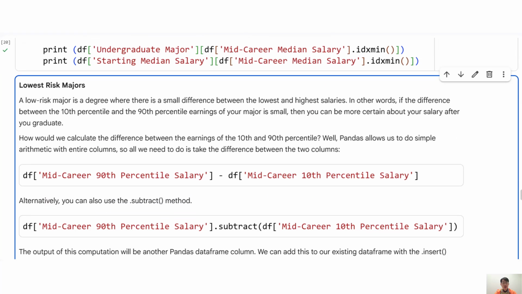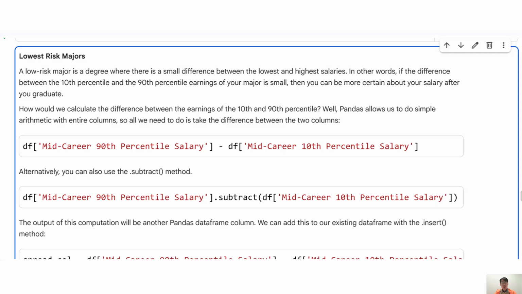Okay, now I'm going to move on to another function called lowest risk majors. So what is a lowest risk major? Lowest risk major means that we're going to subtract the mid-career 90th percentile salary, those who earn a lot at the tip of the pyramid, and try to find out the gap between the tip of the pyramid and the bottom of the pyramid, those who don't earn that much.